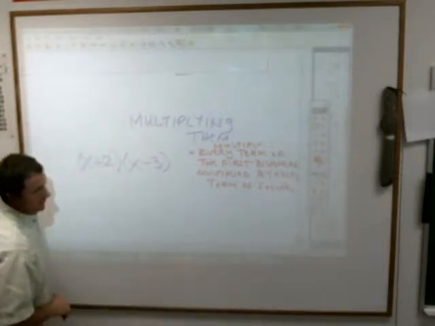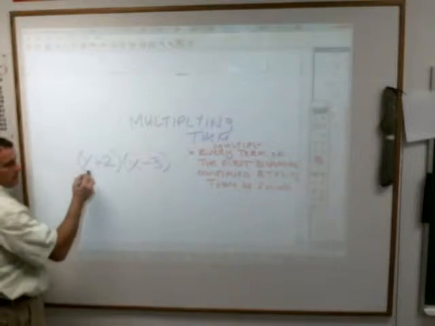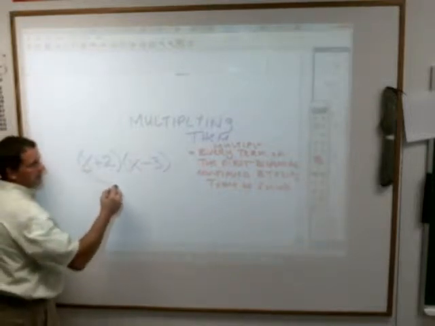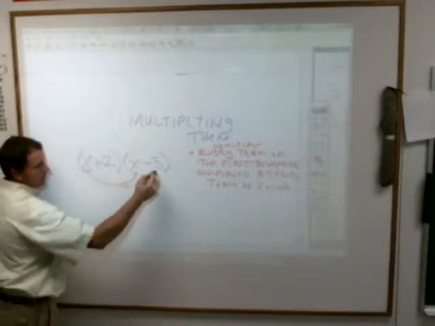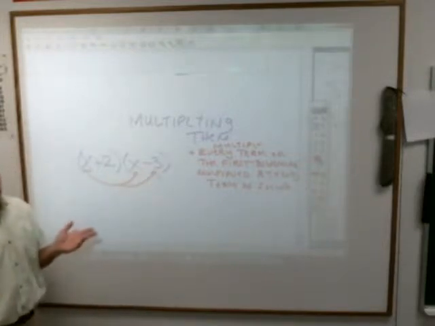Okay. In other words, this. You're going to take this first term of this first binomial, and you need to multiply it by both of these. It's like expanding twice is really what you're doing.